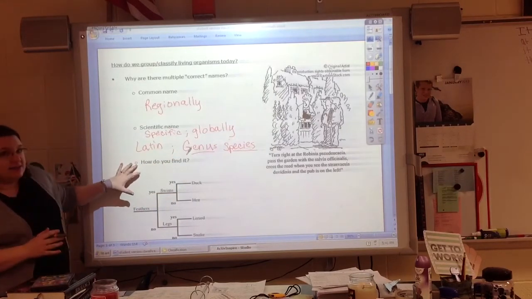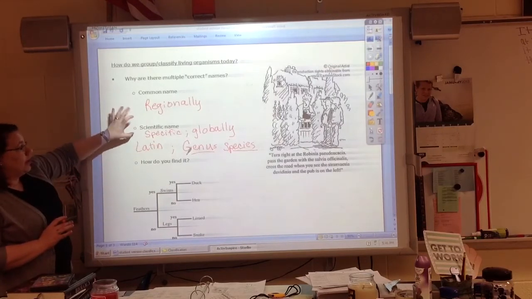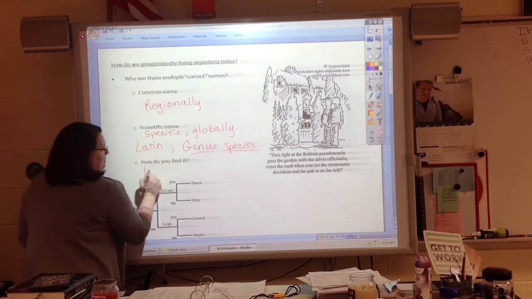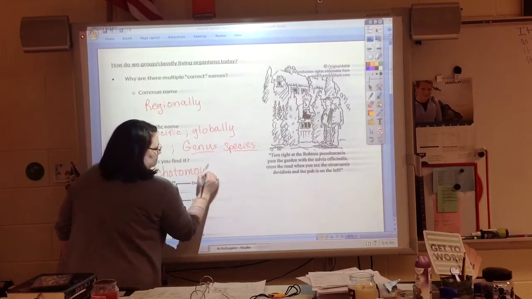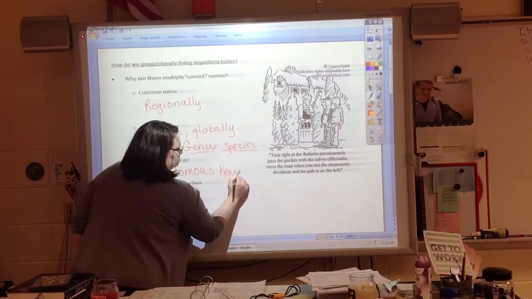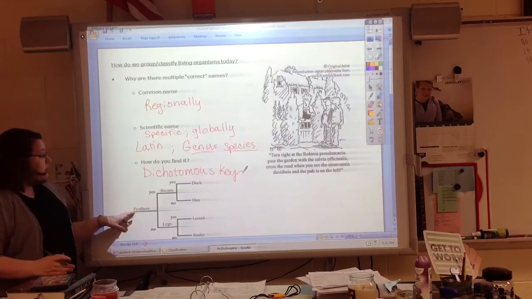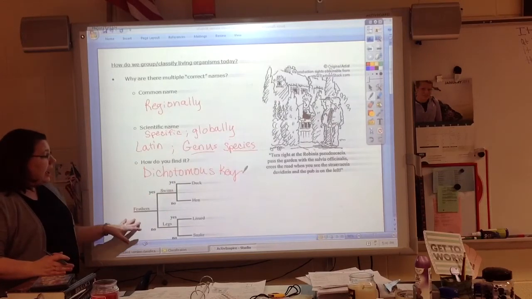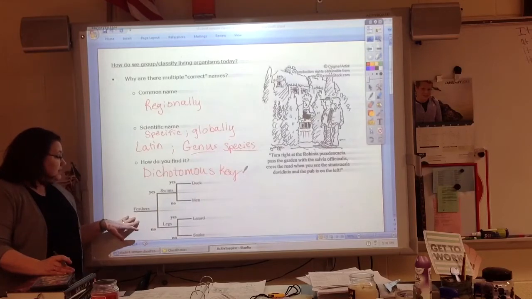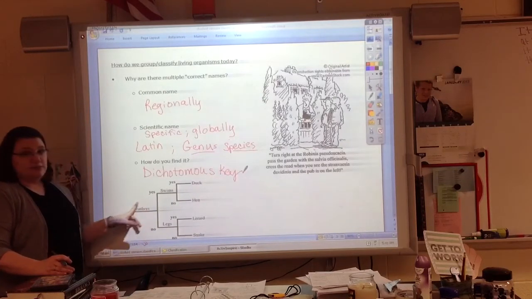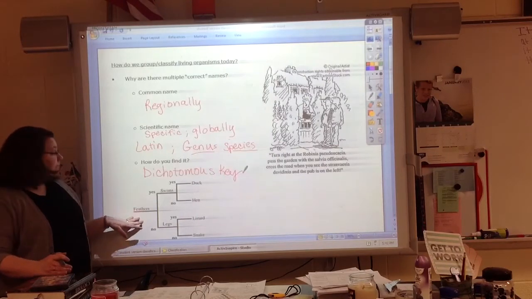How do you find the name of organisms? Well, you use a dichotomous key. And here we have a dichotomous key that shows us how to find the common name of an organism. So we have an organism with feathers, and we want to find the name.